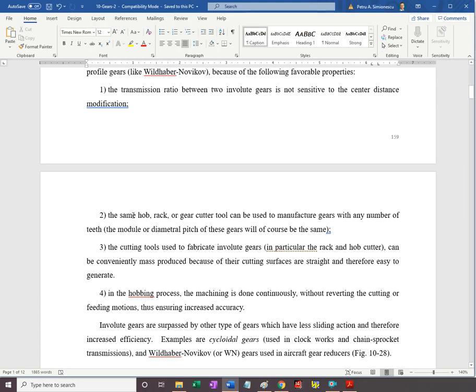Here, the same hob or rack or gear cutter could be used to manufacture gears with any number of teeth. Any meaning small number, it's limited, maybe 8, 10, 11, and then 17, 18 if you don't do what is called addendum modification, non-standard gears.